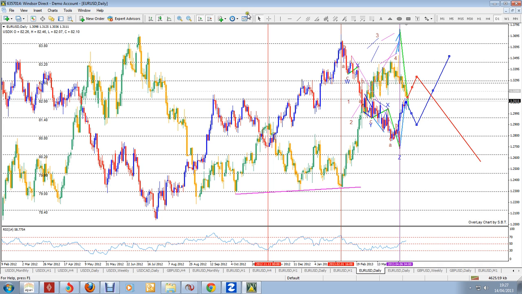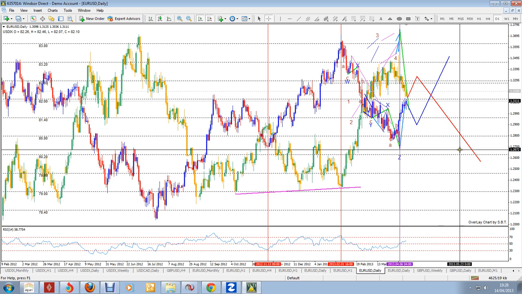So in terms of a real trade, if you want to trade euro and also understand where the dollar is going, then basically this is what we want. We want the respective current leg to complete. We want both to retrace respectively, and then once that is finished, then we would have had wave 1, wave 2, and we'll be moving up very strongly in wave 3. And likewise, dollar index will have finished the wave 1 down, retrace wave 2, and in a very strong wave to the downside.